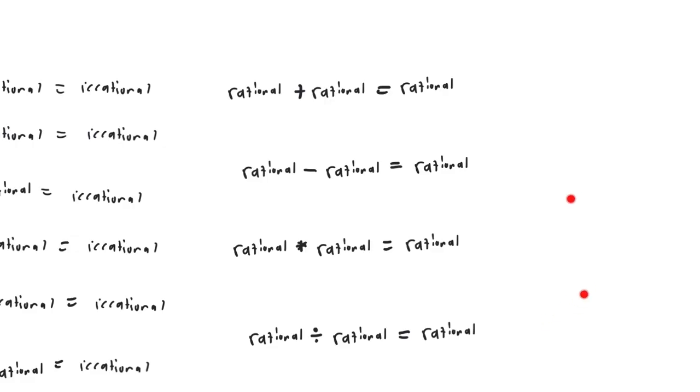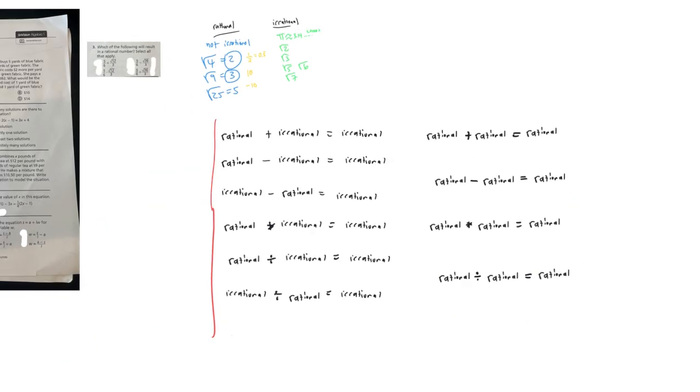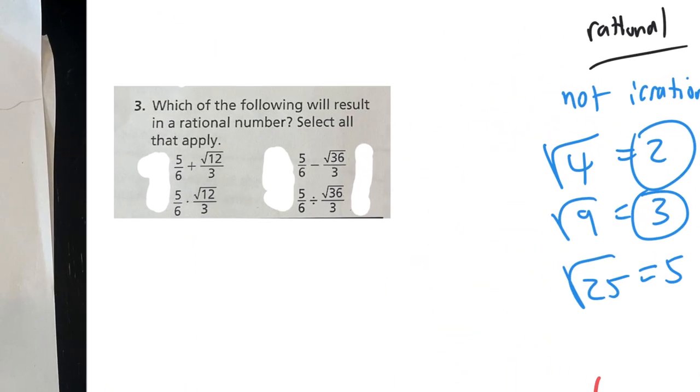Okay, so that was a lot of boring information. Let's take a look at the problem now. This is rational plus irrational. Why is this irrational? Because 12 is not a perfect square. And I had already said that anytime a number is not a perfect square and you take the square root of it, it's going to be irrational.